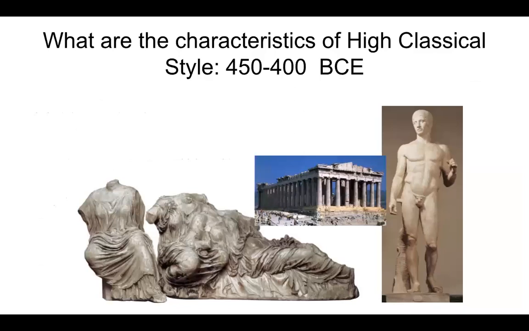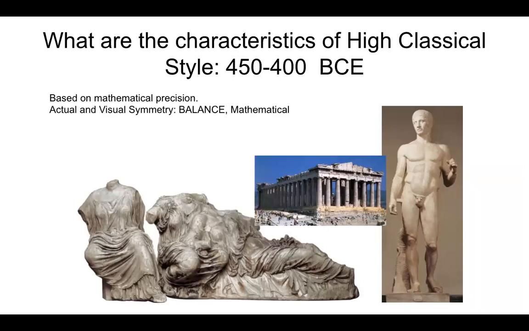Okay. So what are the characteristics of high classical? These are things you can write in with our Doryphoros, right? It's based on mathematical precision. There's actual and visual symmetry, so a sense of balance. Now, in a temple, you go right down through the middle. There's actual symmetry, right?